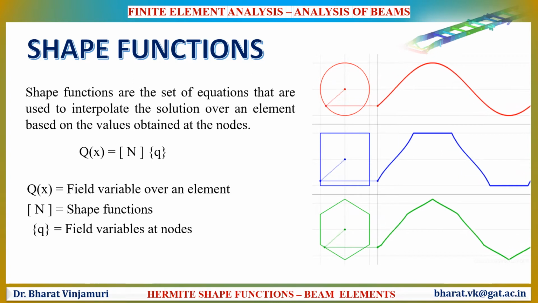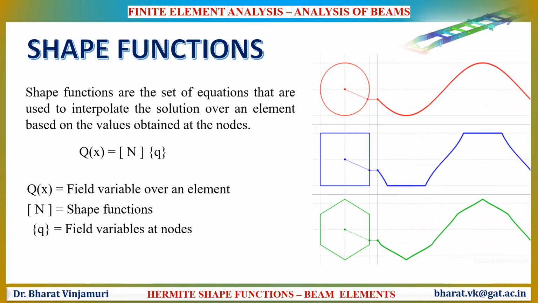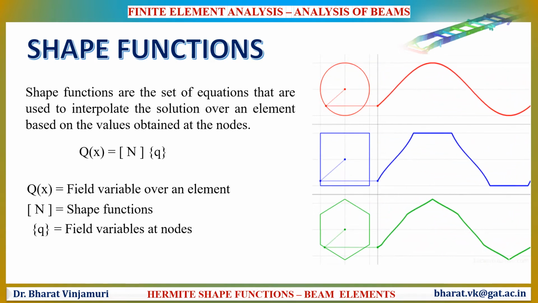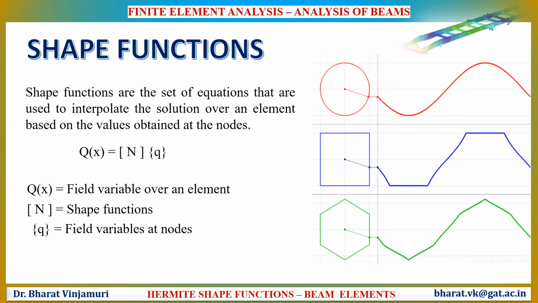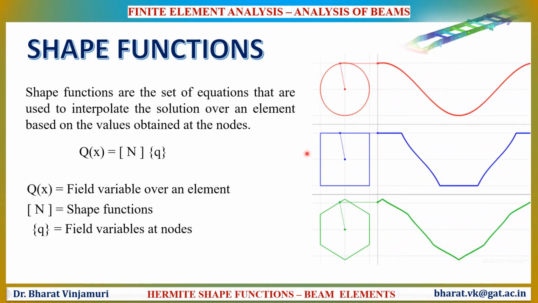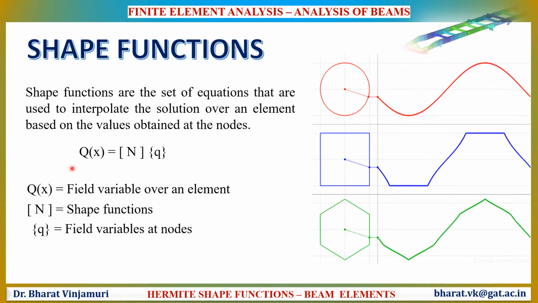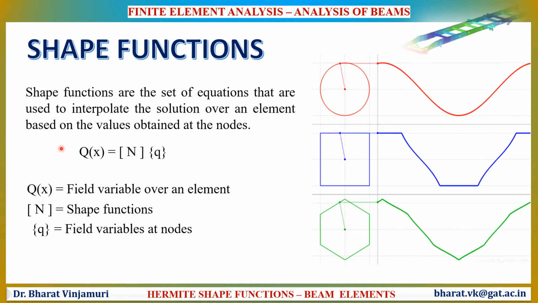Shape functions in finite element method are the polynomial equations that are used to interpolate the solution of an element based on the values obtained at the nodes. The equation shown here is the simple form of a shape function.